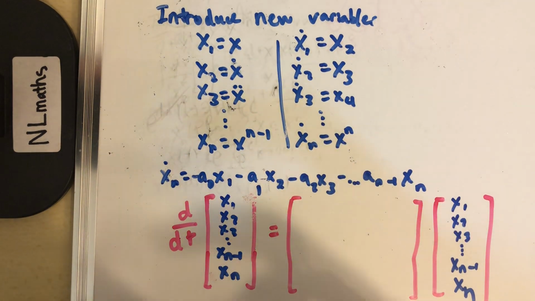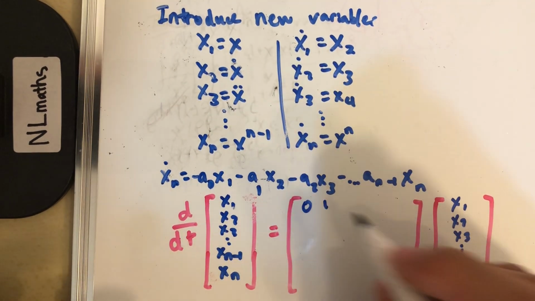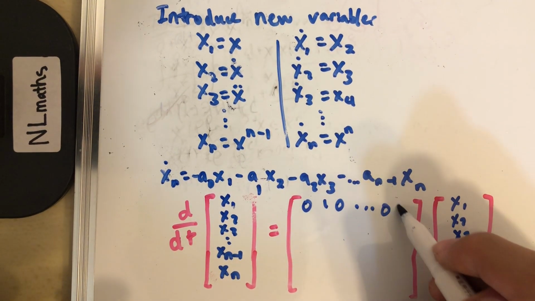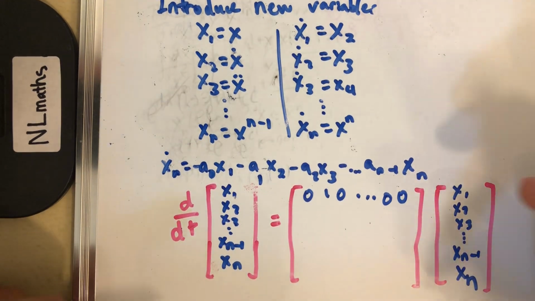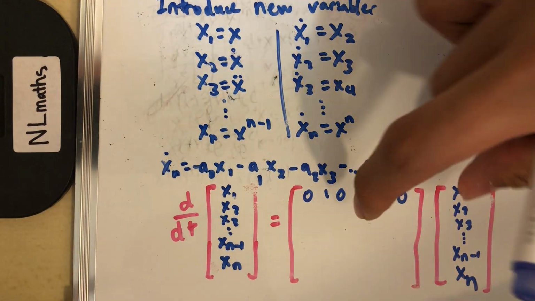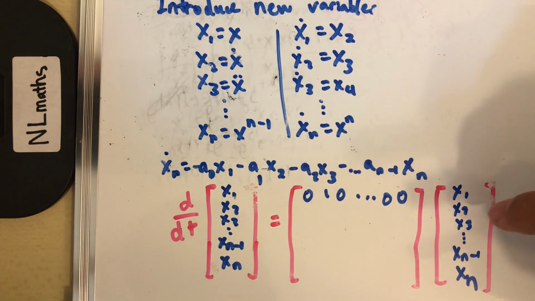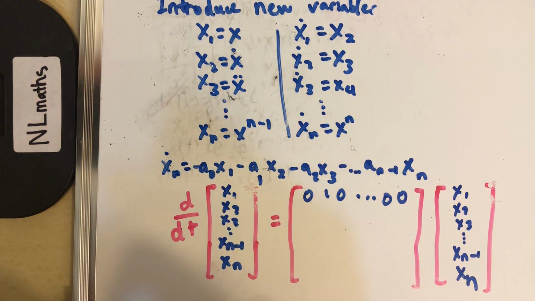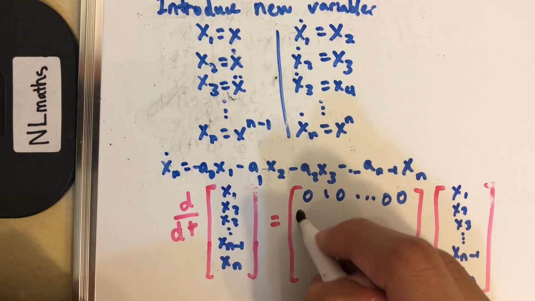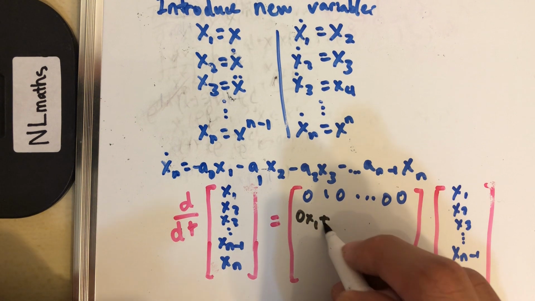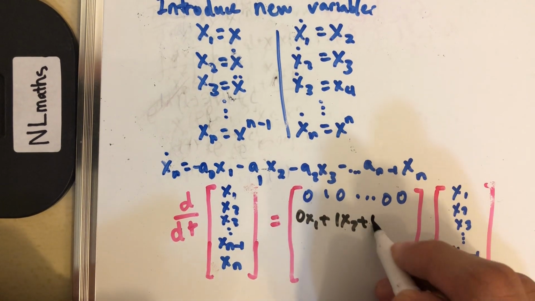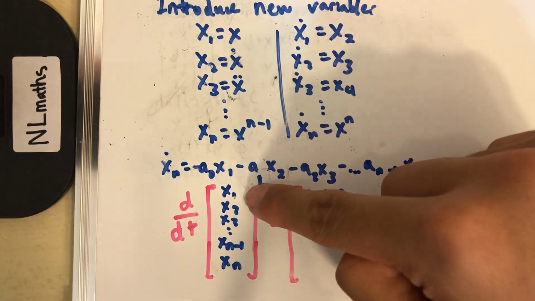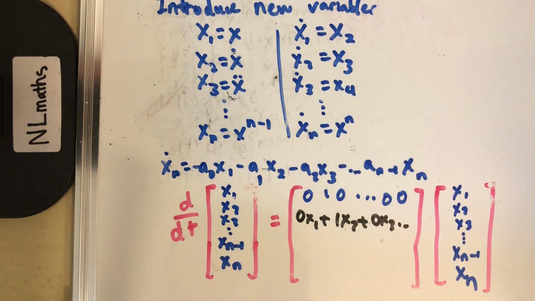So we can write this as 0, 1, 0, dot dot dot, 0, 0. What this means is that it's 0 times x1 plus 1 times x2 plus 0 times x3, dot dot dot. So this is what contains the information. x1 dot is equal to 0 x1 plus 1 x2, so it's equal to x2.